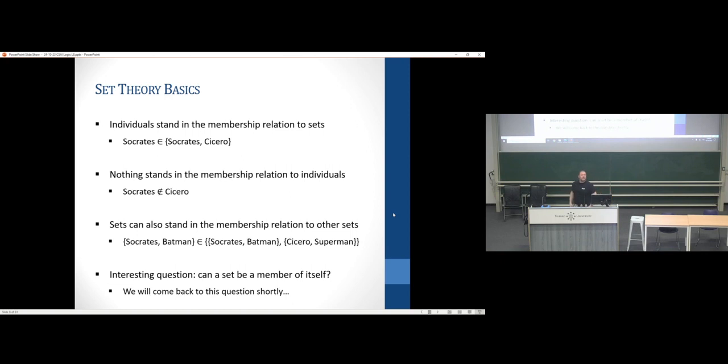If we put another bracket around Socrates and Batman, so it's a set containing Socrates and Batman, would we say that it's a subset of the next one? Good. So cool, right? The set whose member is only Batman is not a subset of this one. Because Batman is not a member of this big set.